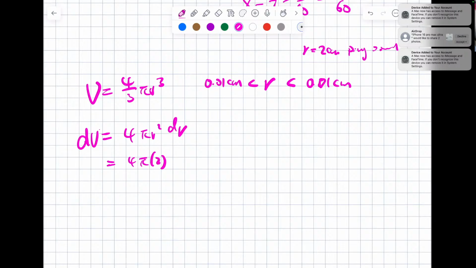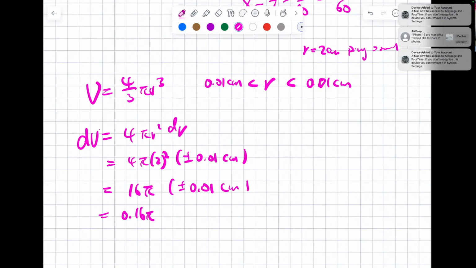So it'll be 4 pi times 2 squared times dr. dr is going to be plus or minus 0.01 centimeter. Therefore, it's 16 pi times plus or minus 0.01 centimeter, and that's equal to 0.16 pi centimeters cubed.